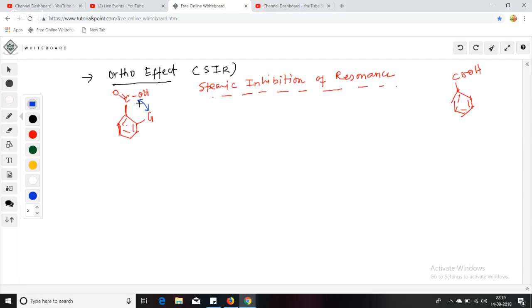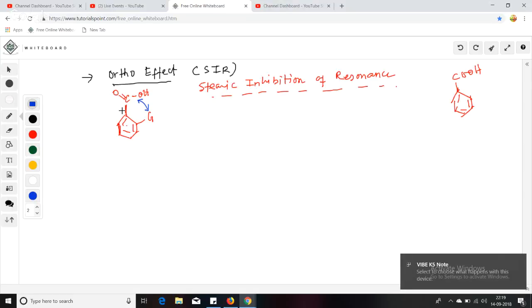Hence the molecule becomes non-planar, and so the resonance is now inhibited, because we know resonance is only possible in a planar molecule. The p orbitals must be parallel to each other. Then only the transfer of electrons from one p orbital to another p orbital takes place, right?